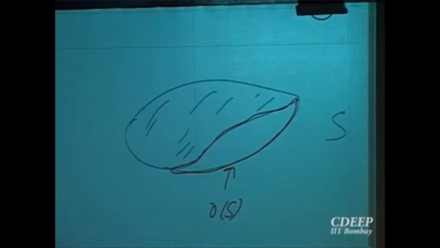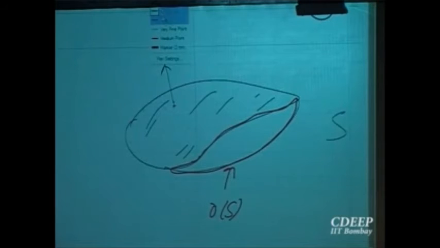Okay. Now, for this surface, this is an orientable surface. So at every point, I can choose a normal like this, or I can choose a normal which is going the other way around, right? At every point, I can choose a normal. So let us choose a continuous normal for the surface and let us fix it. So this is a normal that I am going to fix.